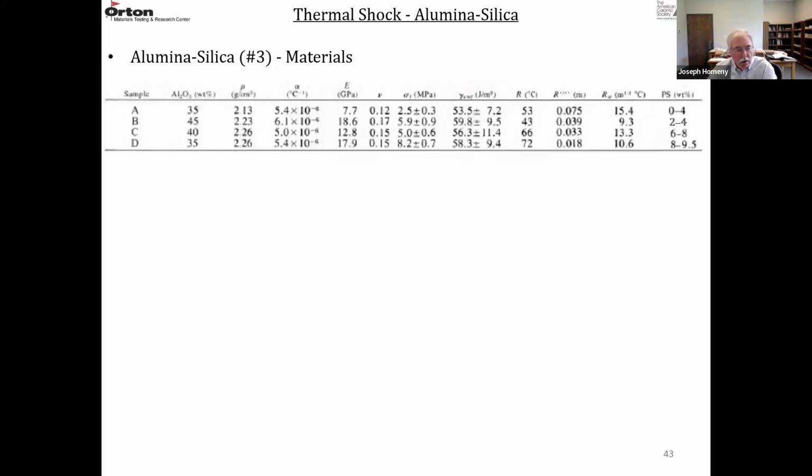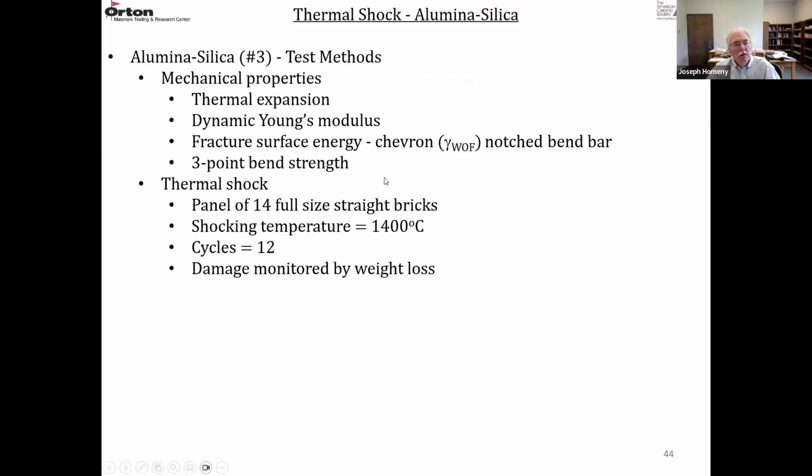PS is percent spalled. So they measure thermal expansion, dynamic Young's modulus, fracture surface energy by the chevron notch bend bar, and a 3-point bend strength.